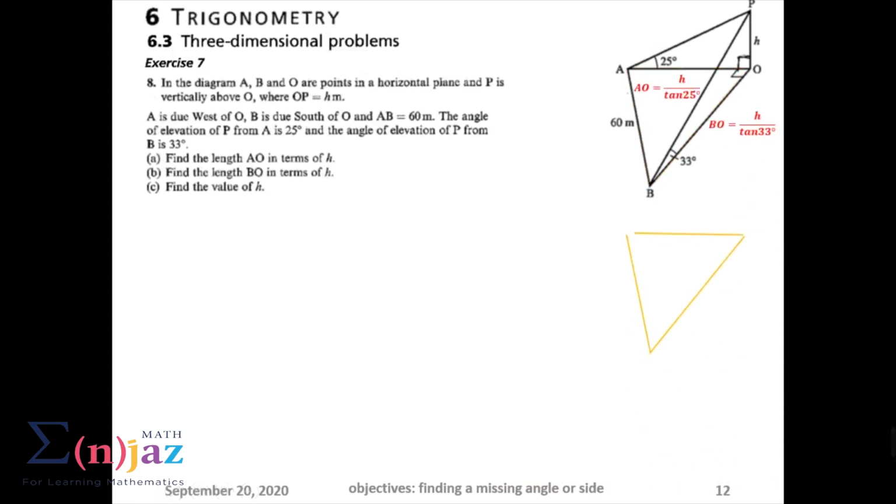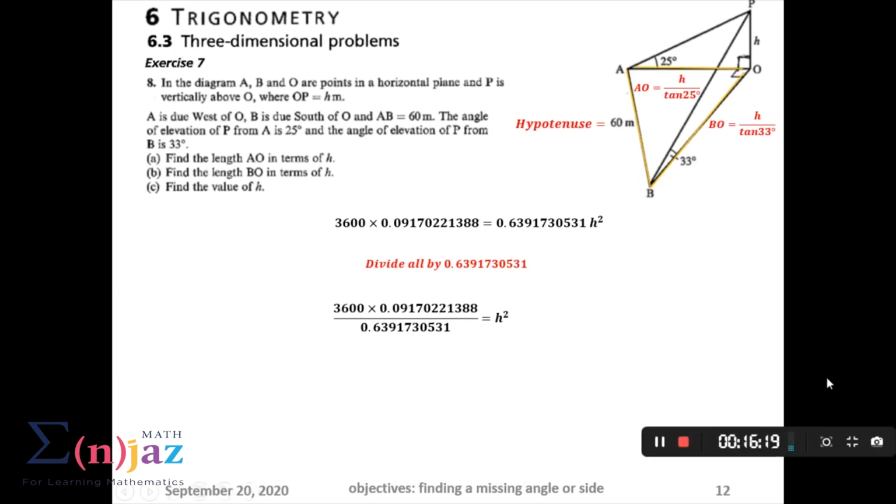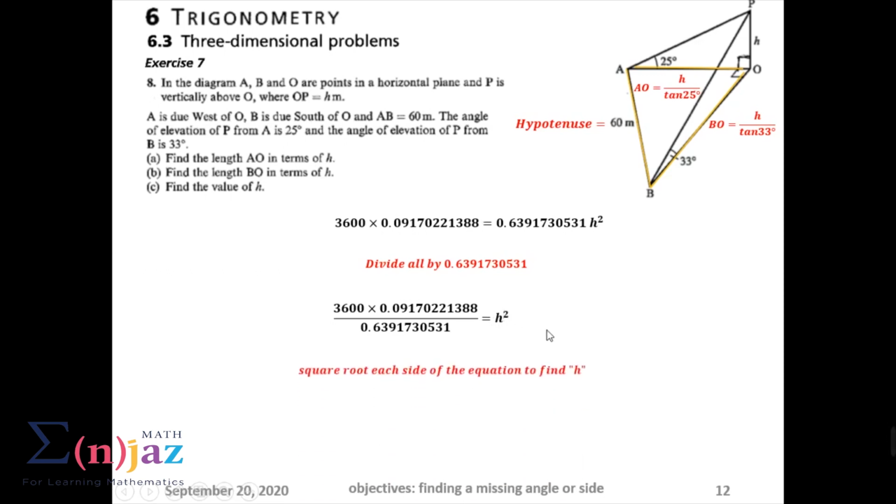So, when we get rid of the coefficient, h squared is going to be 3,600 times 0.0917 over 0.639. Now, again, we are solving for h, not for h squared. So we must square root each side of the equation to find h.